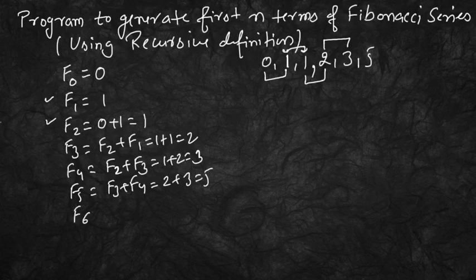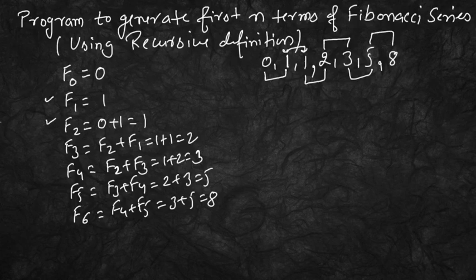Similarly, f6 will be equal to f4 plus f5, which is 3 plus 5 is equal to 8, and the next will be 13. Next, the sum of these last two terms, 21. Next it will be 34, and so on.